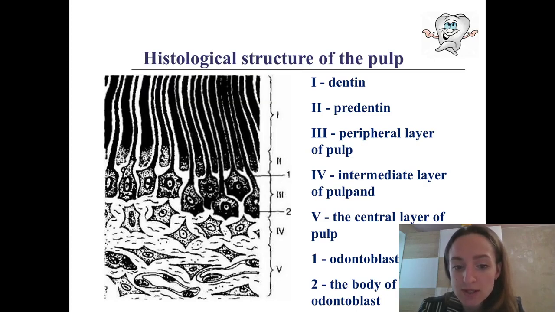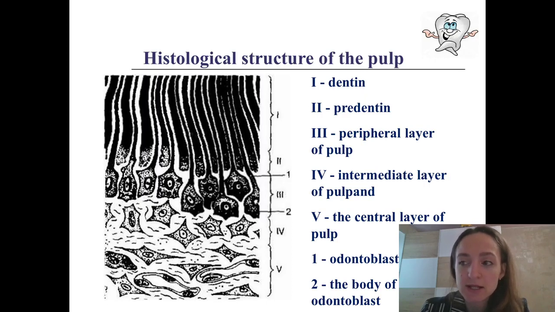And the second one is radicular pulp that is located in the pulp canals in the root portion of the teeth. The pulp contains nerves, arterioles, venules, capillaries, lymph channels, connective tissue cells, intercellular substance, odontoblasts, fibroblasts, macrophages, collagen, and fine fibers.